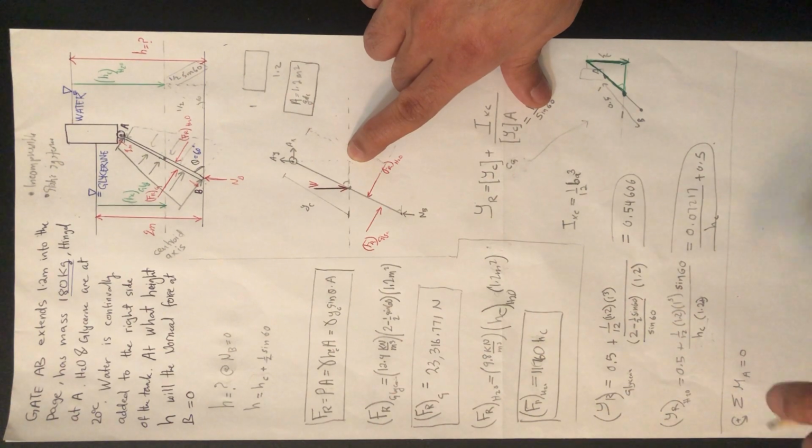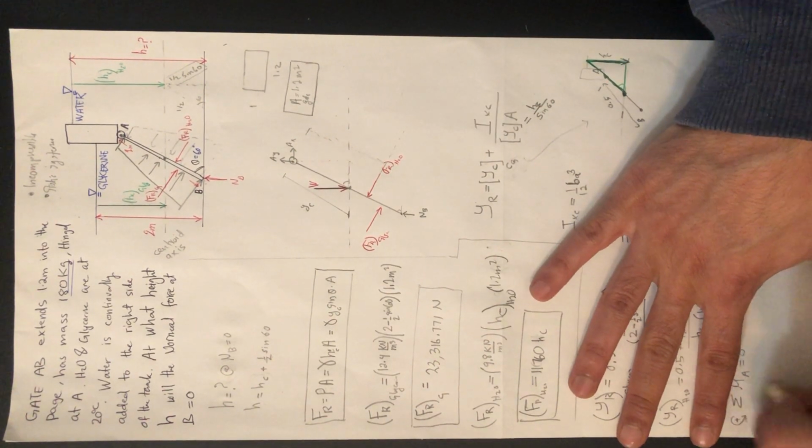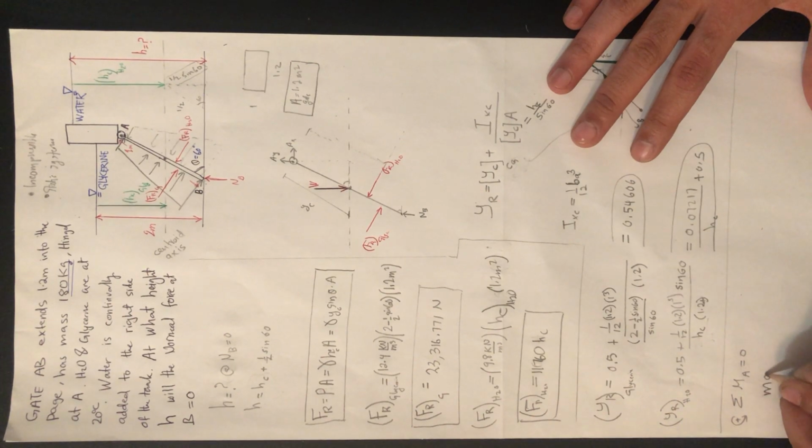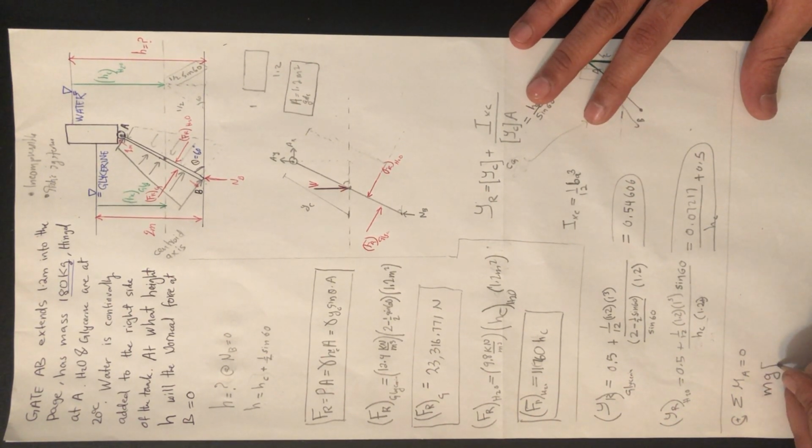Our perpendicular distance is going to get pushed anti-clockwise, so it will be positive. We will write weight as mass times acceleration times the perpendicular distance.